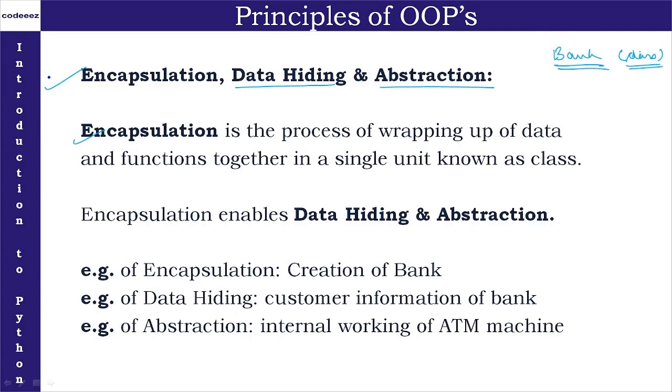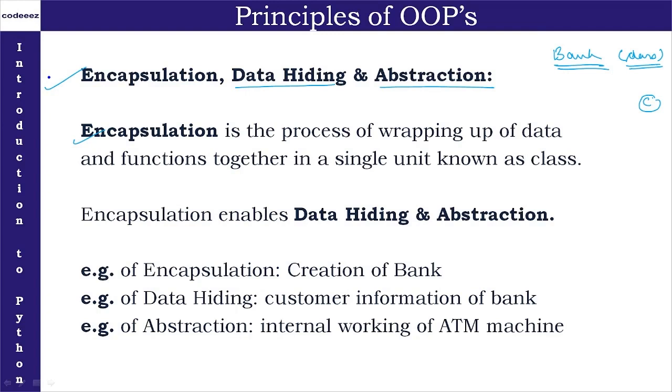Now, what is data hiding? You can simply understand it by the real world example. If I talk about any of the customer of a bank, can any other person access the data of that customer? No. Why? Because data is highly secured and none other than the bank itself, the employees of the bank itself, can access the data. Even the customer can't access his own data directly.